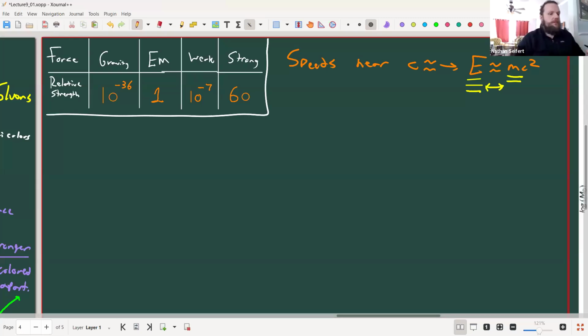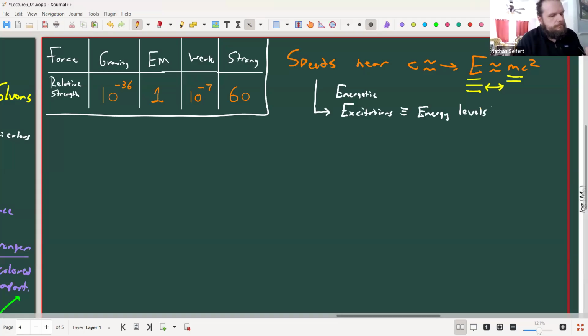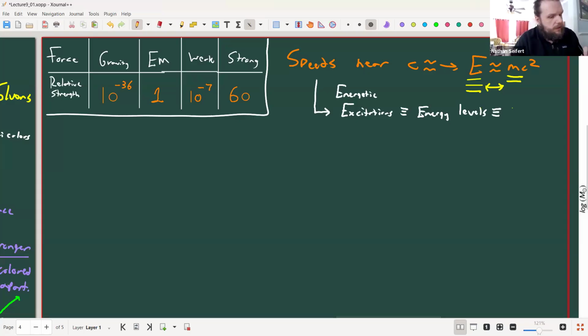So what that means is that at speeds near c, energetic excitations of a system, which are like energy levels, you can think of those as masses. They have a mass.